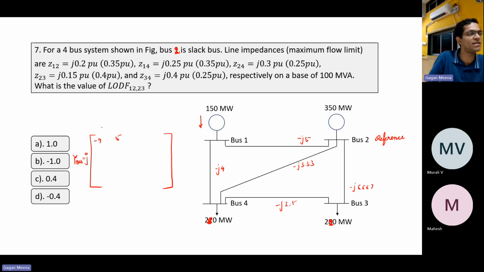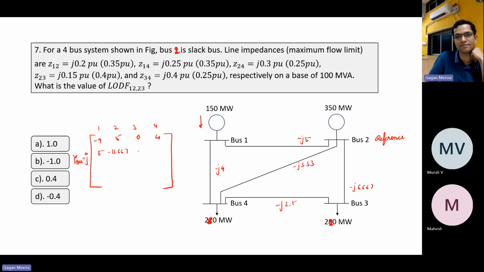Then between 1 and 3 there is nothing, 0, correct. 2 3 4 is 4, correct. Then 2 1 is 5 because it is symmetric. Diagonal element 2 2 is here, 5 plus 6 6, it will be 11.667 minus.